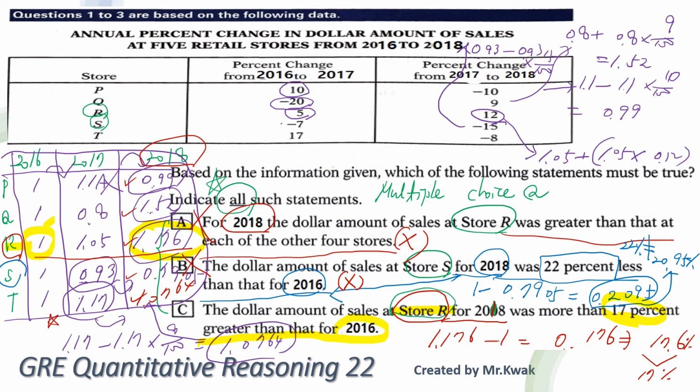We compare and it was 17.6%, larger than 17%. So the correct answer should be only C, even though it's multiple choice.